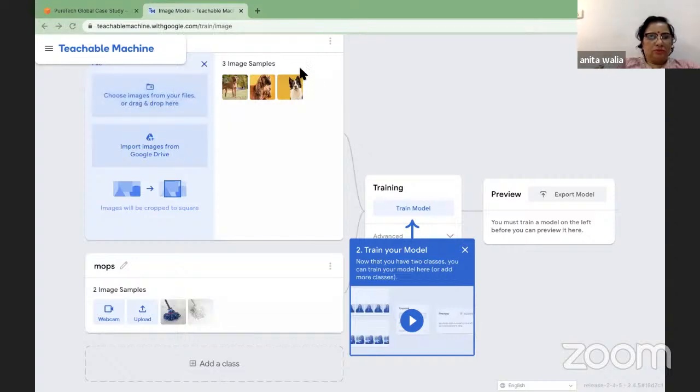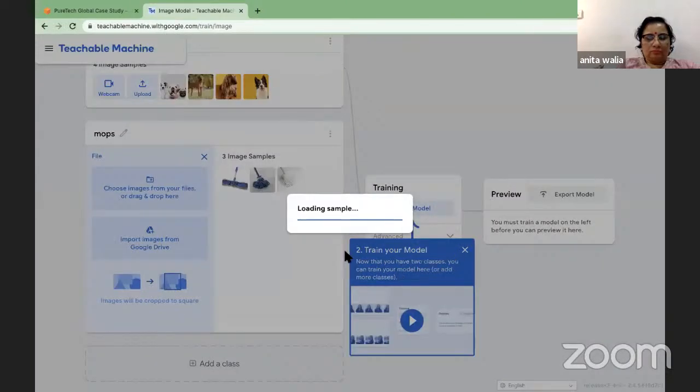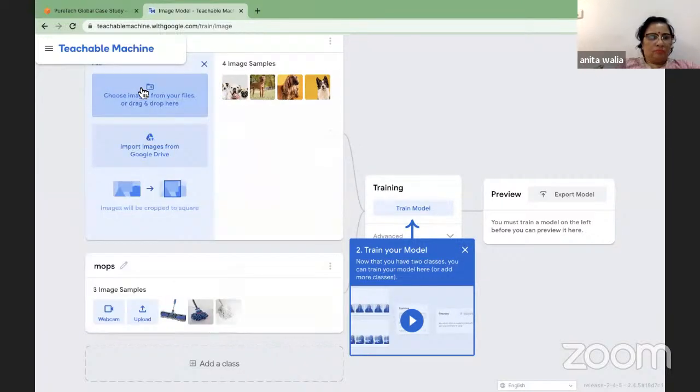Let me see. And here also I'm going to upload some more photos. I have to upload now the photo of a dog which looks like a mob.